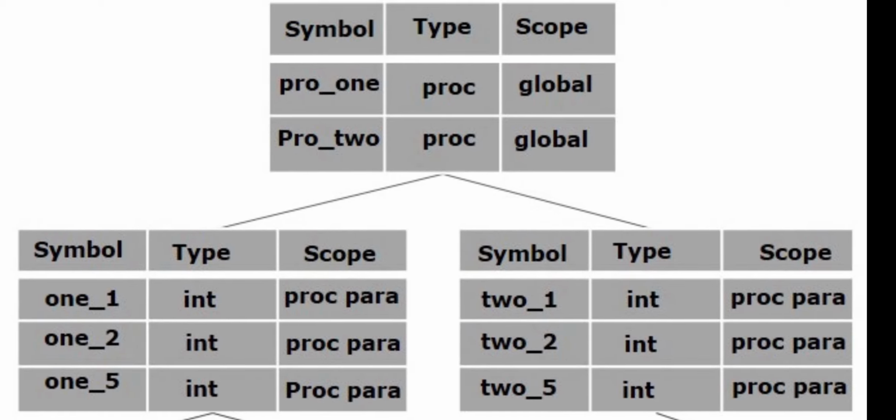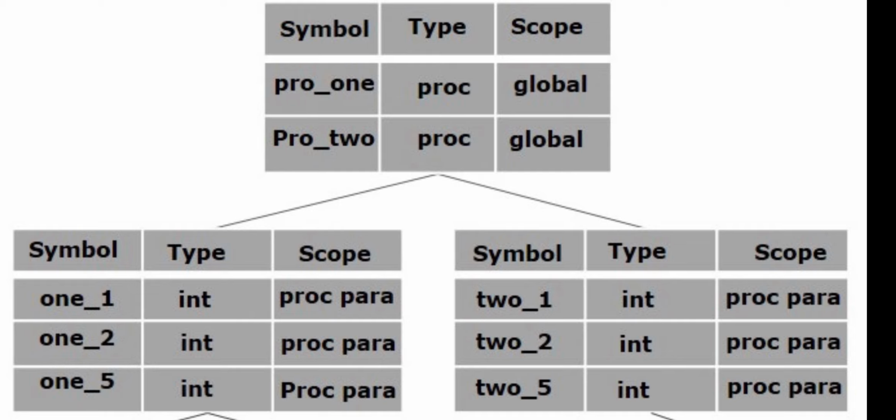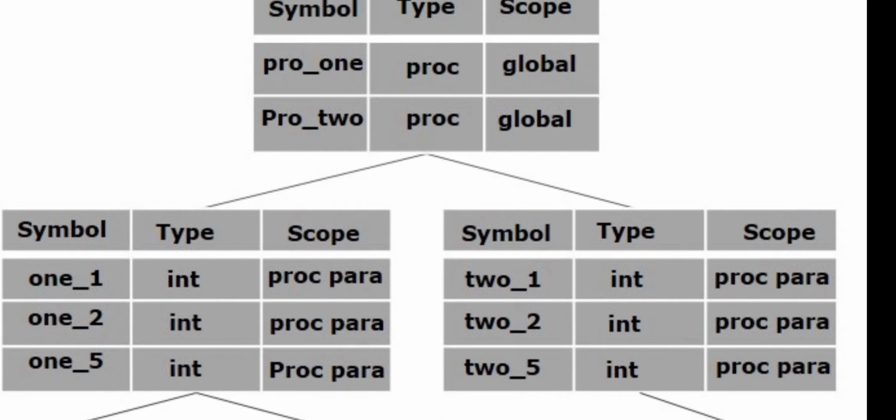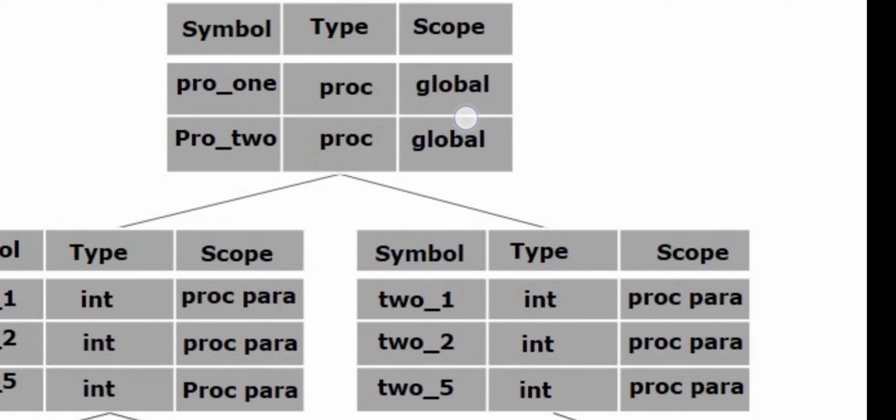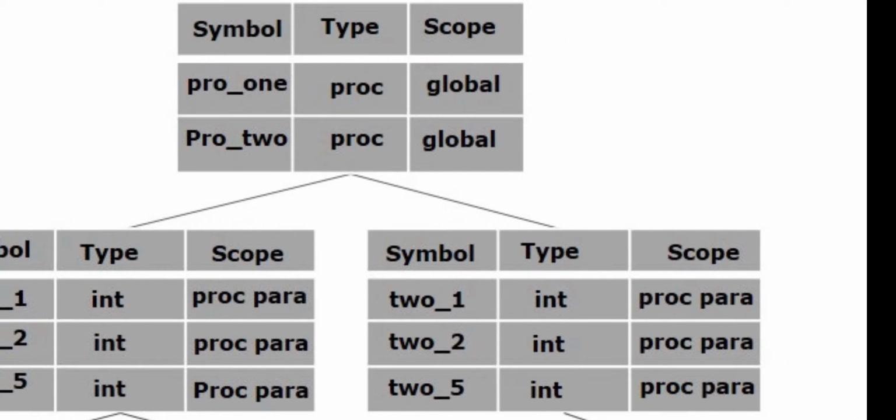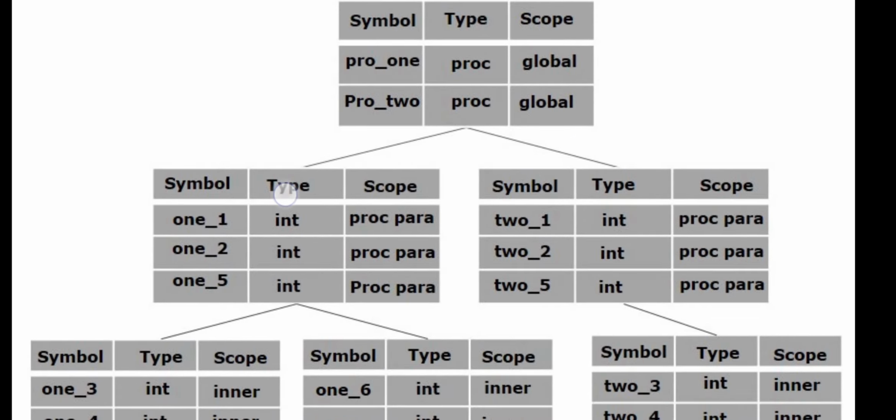Then the second block declares the type of this lexeme, and the last one is scope. Scope means what you can do or what you are doing with that operator or that symbol, and then it will be linked with each other according to the operation.